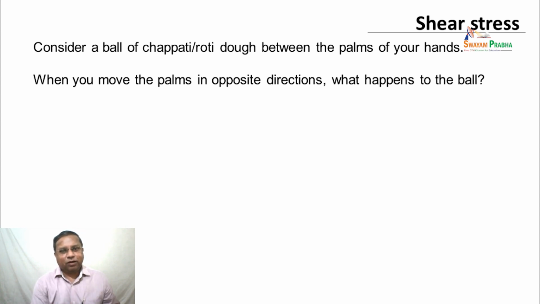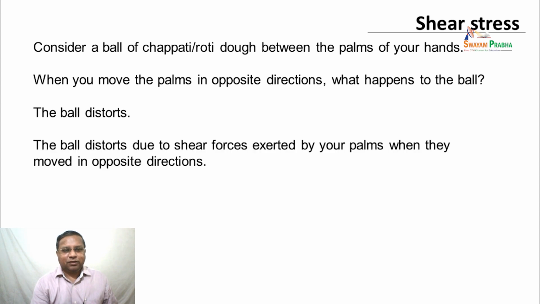The ball does get distorted. The ball distorts due to the shear forces exerted by the palms when they are moved in opposite direction. There are forces acting on the surface of the chapati dough ball which distorts it, and such forces are called shear forces. They are surface forces.